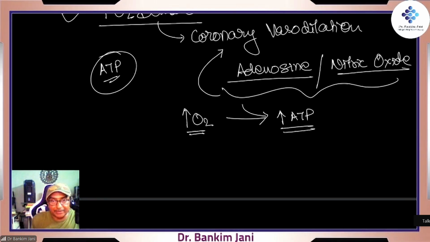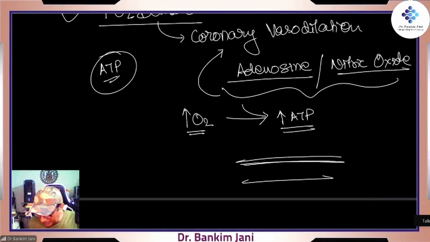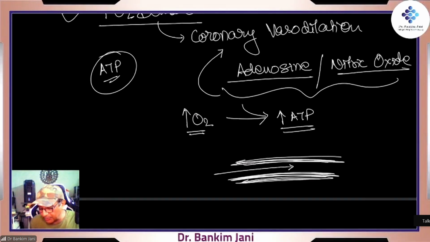Why do people get an attack? Adenosine is present, and they try to do the coronary vasodilation, but even after vasodilation, say the internal caliber is obstructed, so the amount of blood which should really rush, the amount of oxygen which should have been carried to the destination, is not reaching. In the presence of adenosine it would make ATPs and use them, but that much oxygen is not reaching.